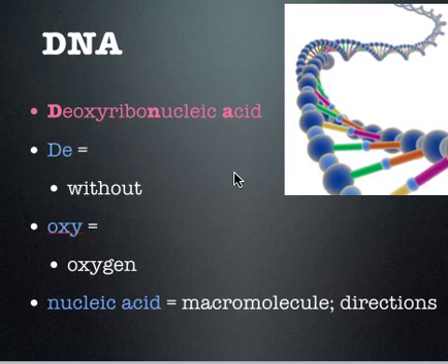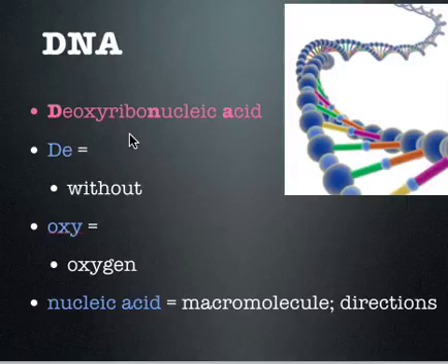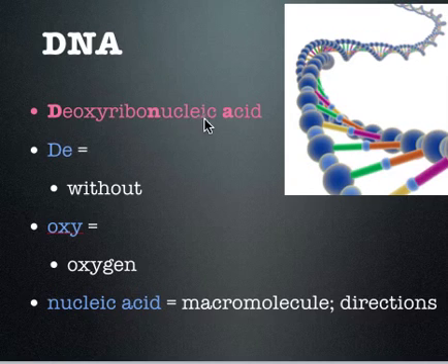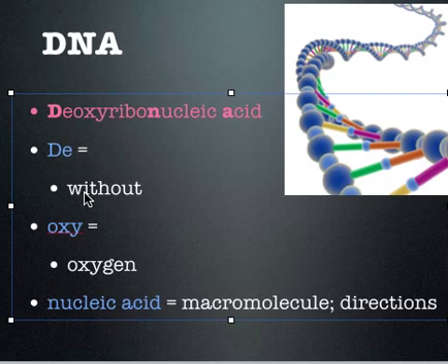Now, this whole word is called deoxyribonucleic acid. We're already familiar with nucleic acids. That would be DNA and RNA. Deoxyribose is the name of the sugar found in DNA. D means without. The oxy refers to oxygen.